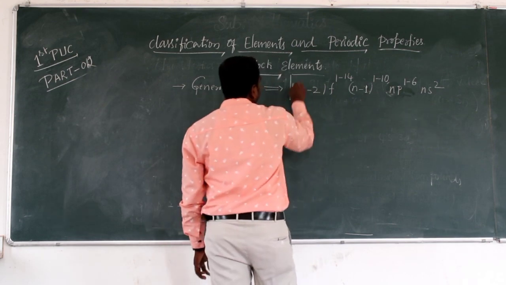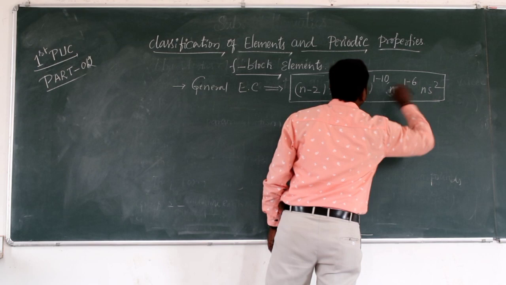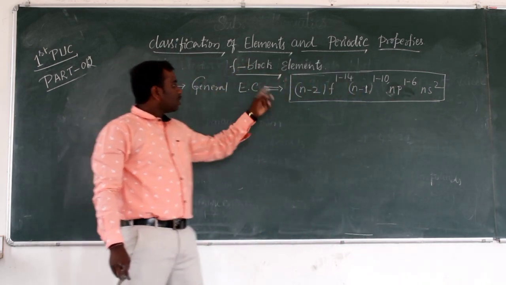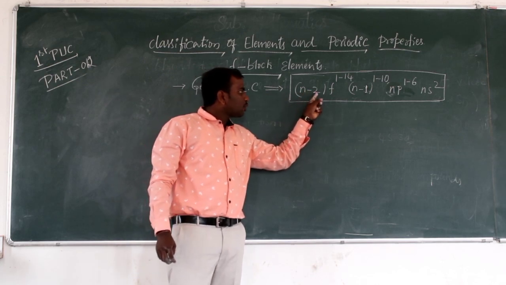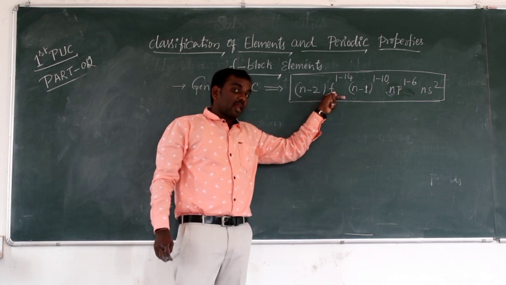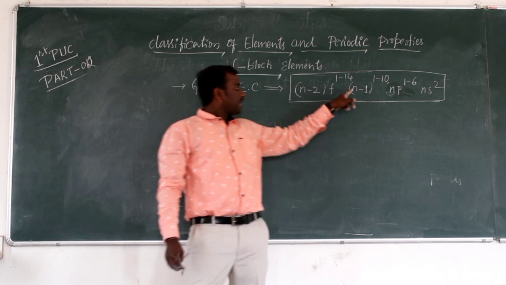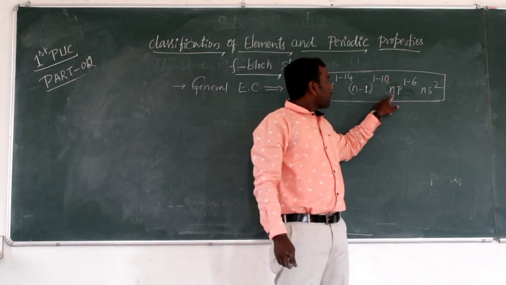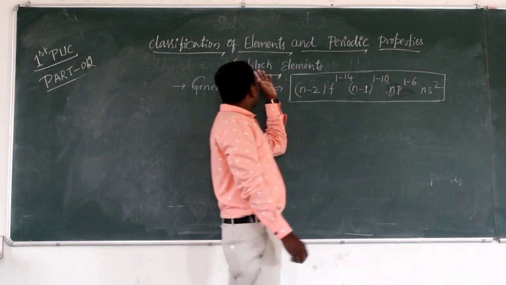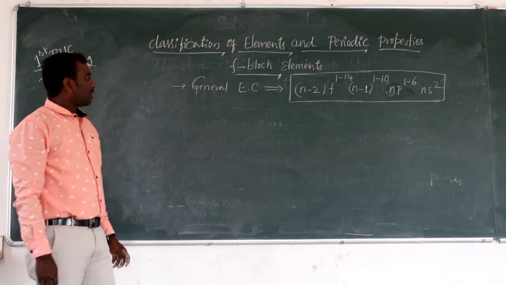This f orbital contains a maximum of 14 electrons. That is the electronic configuration of F block elements.